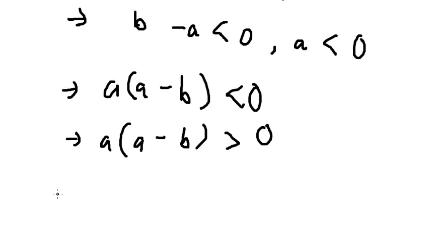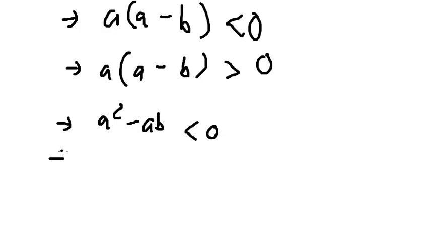So we have a square minus ab is smaller than number 0, and the second one, wrong, b minus a. So ab, we have ab minus a square is greater than number 0.